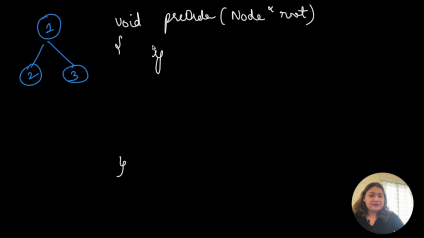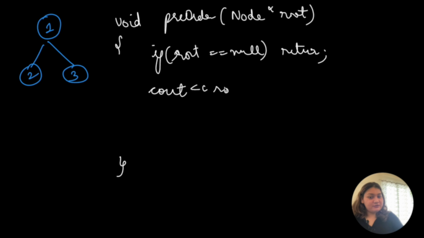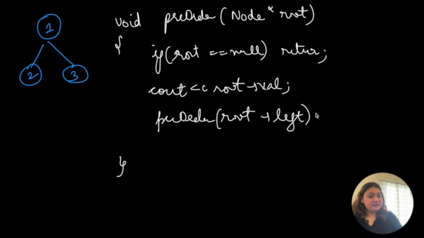First we write the base case: if root is equal to null, we will not do anything, we'll just return. Else we will print it out, cout root's value. Then we do the same pre-order traversal on the left part of the tree, and then the same thing on the right part of the tree. That is the simple code.